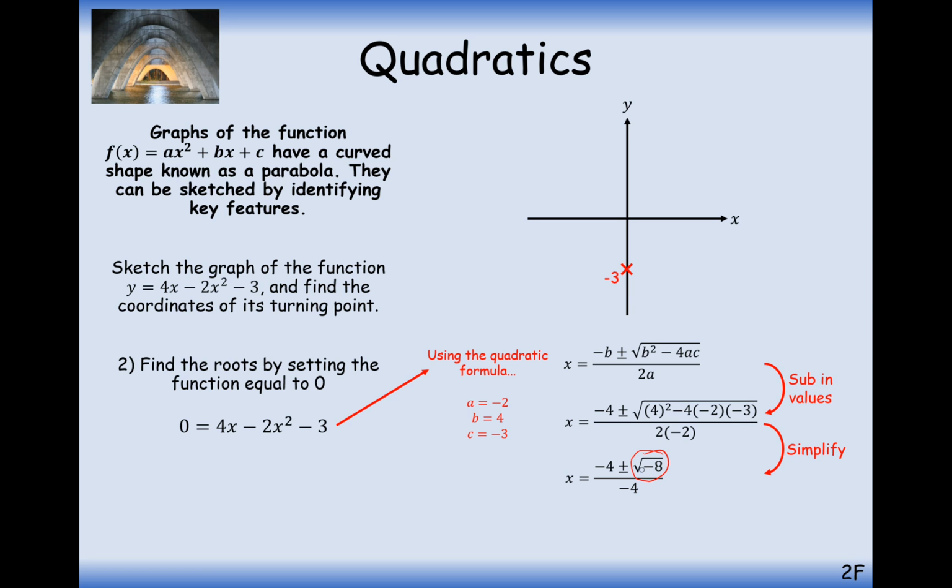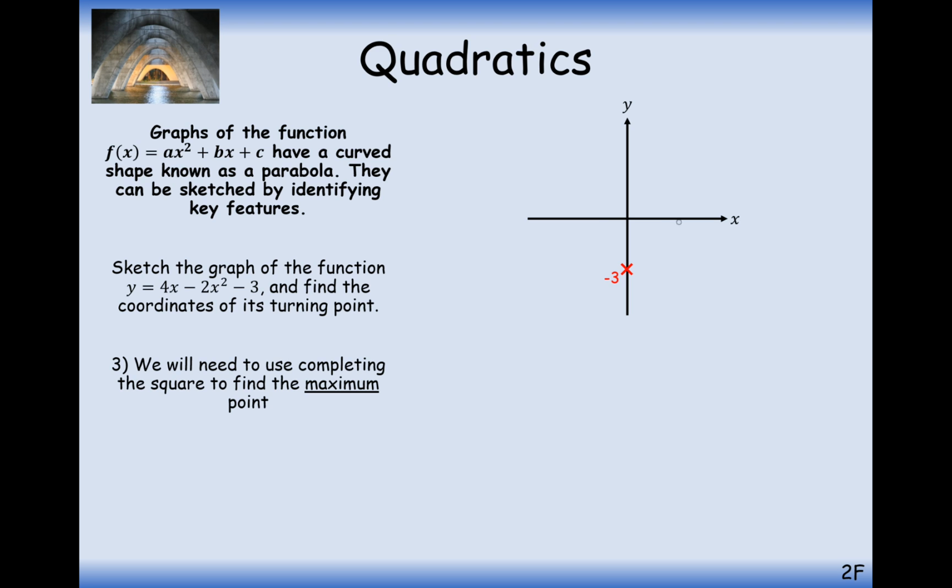You can't take square roots of negative numbers, so there are no solutions that cross through the x-axis. It's in fact going to remain just on the bottom half of this graph. The fact that we get a minus 8 in there means the equation cannot be solved and it does not cut through the x-axis.